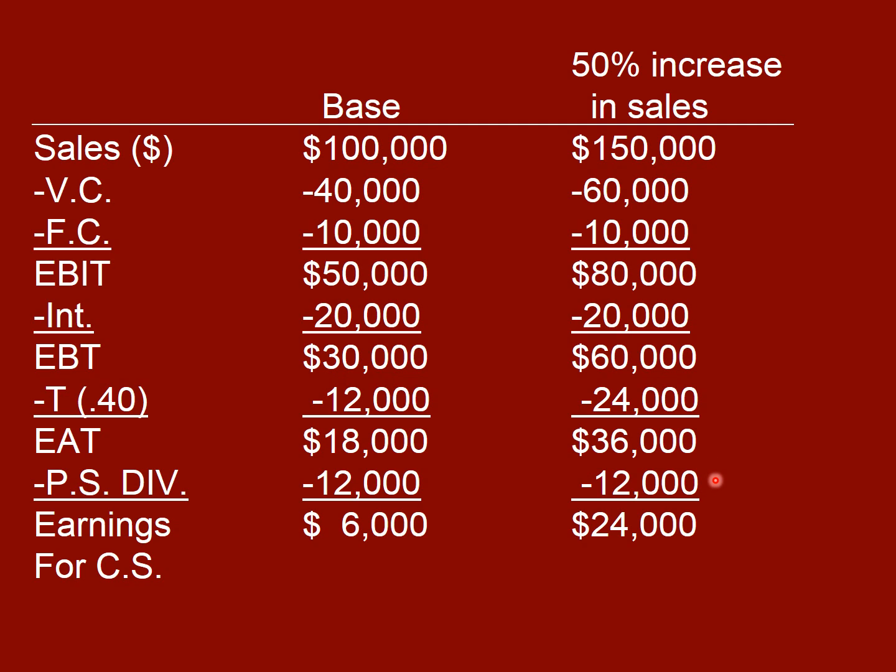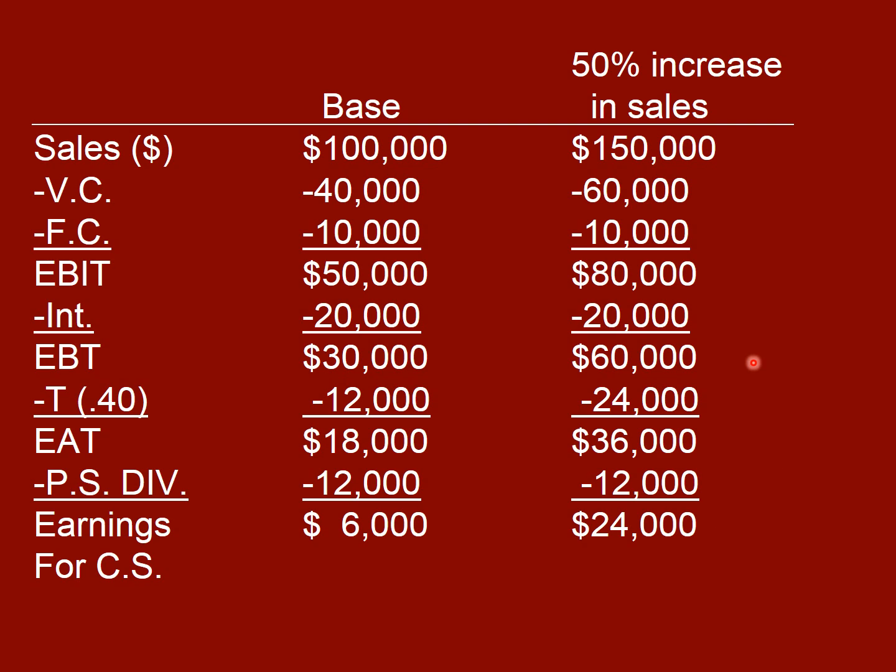Then we subtract our preferred stock dividends of $12,000, and that leaves us with earnings available to common shareholders of $24,000. Notice that we have a very large increase in our earnings available to common shareholders, and we'll have that same very large increase when we convert that to earnings per share, which we do on the next slide.